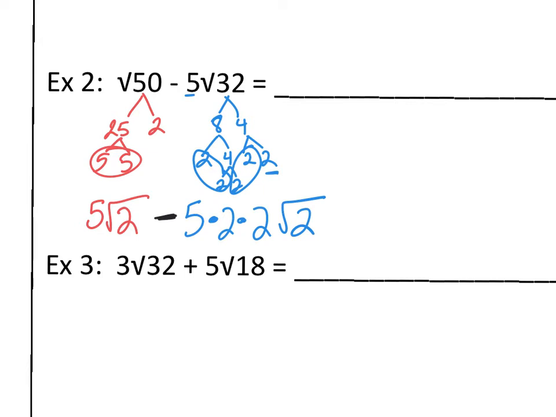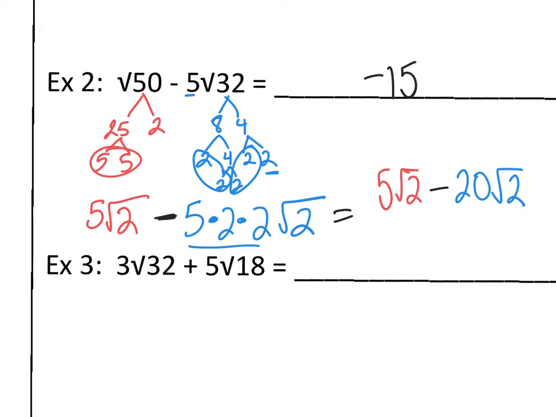Okay, so now we have this equaling 5 square roots of 2 minus what? 20. Yep, 5 times 2 times 2 is 20 square roots of 2. Can that be simplified? Yeah, like indexes, like radicands, right? So my coefficients, 5 minus 20. What's that?